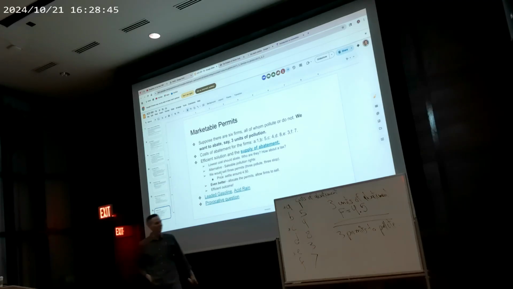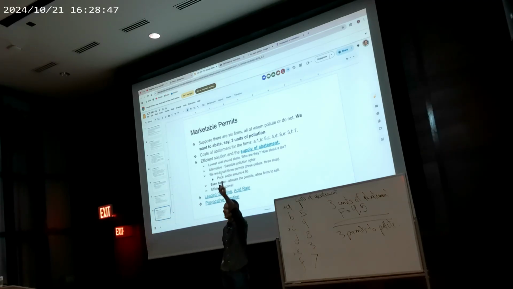If we had all these firms bidding for permit number 1, right? Well, you might think that firm D would pay the most for a permit, right? Why is that the case? Because it's extremely costly for this firm to stop its pollution. It says whatever the price of a permit is, if 8 is greater than P, we'll buy a permit.